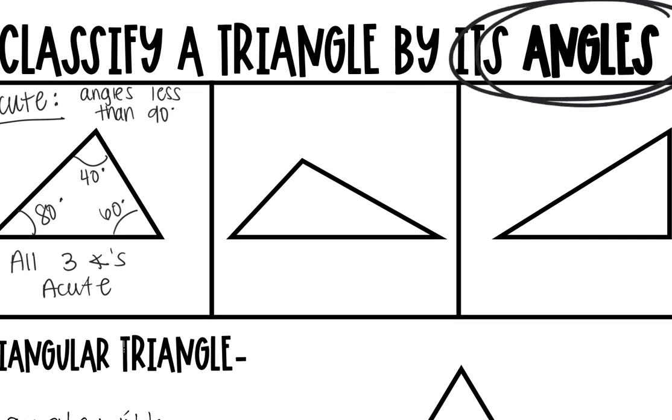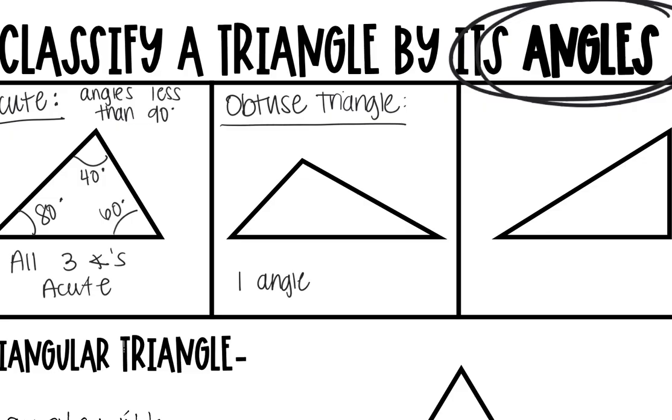Okay, next part. For the next definition, we're going to say that this is an obtuse triangle. Okay, so one of the angles has to at least be obtuse. So what do I mean by that?